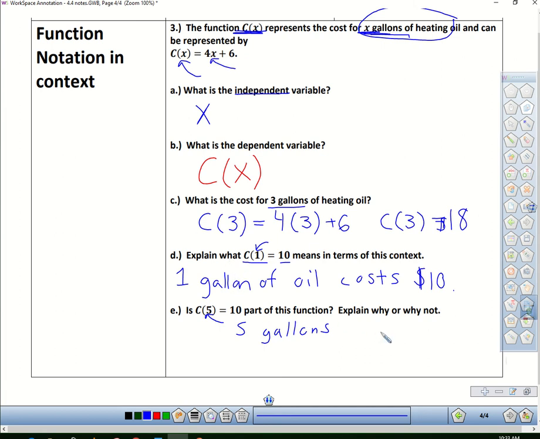So is this part of the function? No. It's not part of the function, okay? So if you want to check it, you take whatever your independent variable is, plug that in, and see if that's what you get. So technically speaking, this would be 10 equals 4 times 5 plus 6. So it'd be 10 equals 26? No. Not part of the function. Does that make sense to you guys? Yeah, Janelle, I'll go back to the first part.